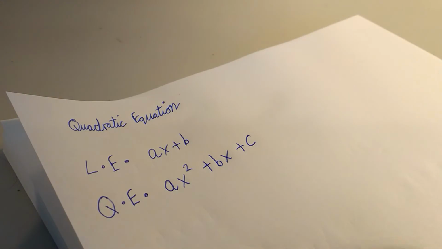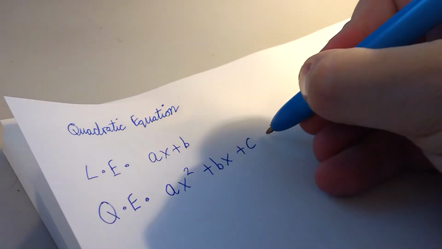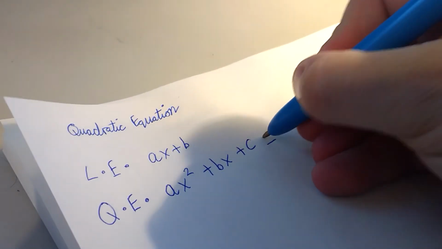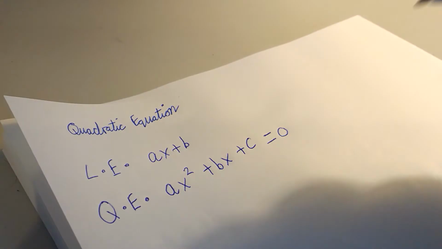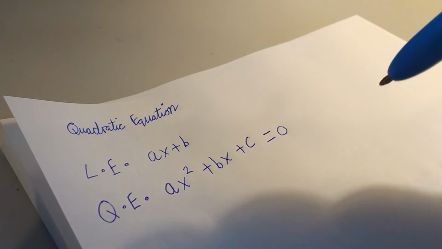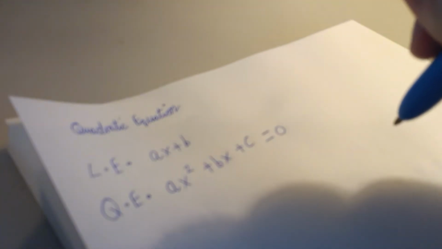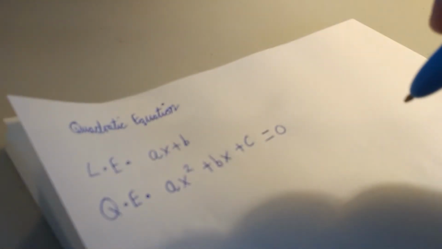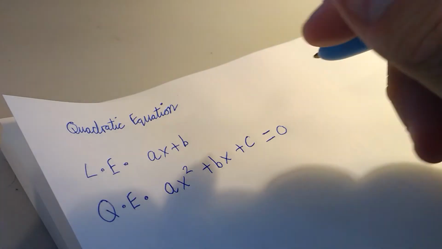A lot of the time quadratic equations are made equal to 0 in order to solve for their roots or their solutions, which, like I said, are called roots. So in this case, a, b and c are known numbers, and x is an unknown quantity which we need to solve for. We're solving for the roots.